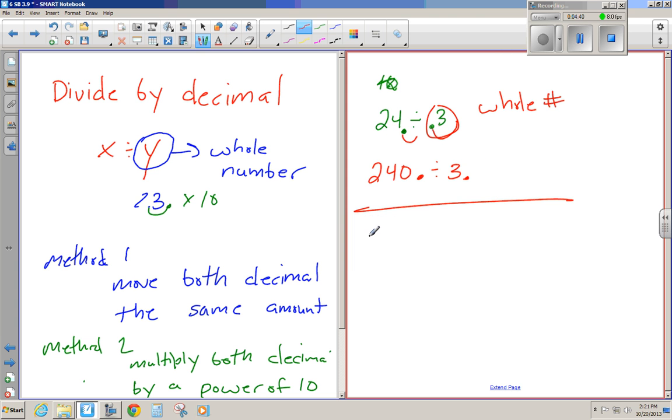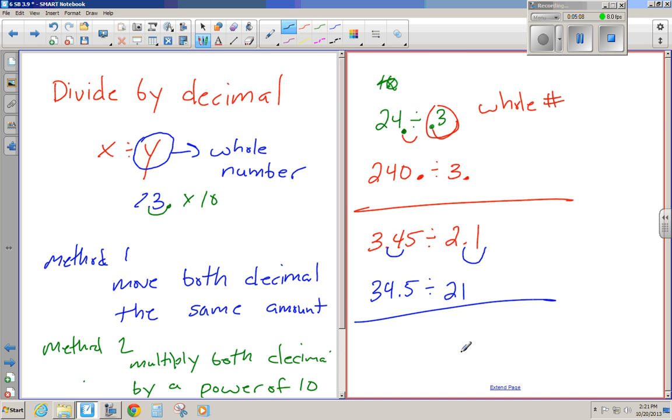If I had 3.45 divided by 2.1, well, make this a whole number, move it one place, move this one place. That becomes 34.5 divided by 21.